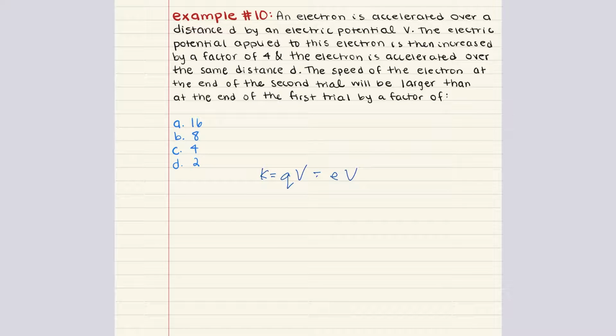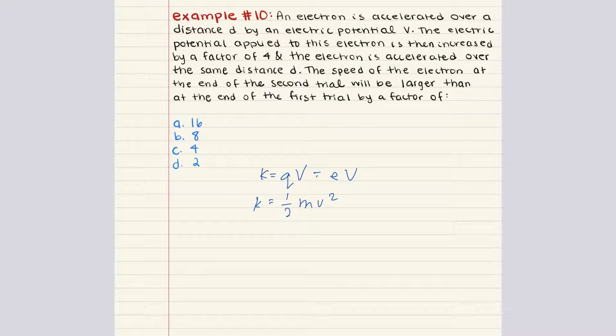So this is the charge of the electron multiplied by the electric potential. We also know that kinetic energy is related to the speed of the electron by the equation that kinetic energy is equal to 1/2 mv squared. m is the mass of the electron, v is the speed of the electron.